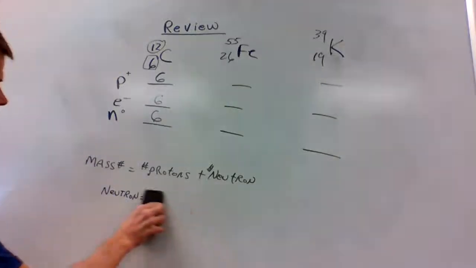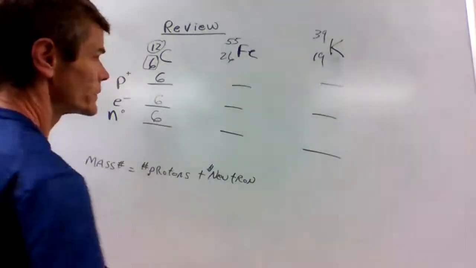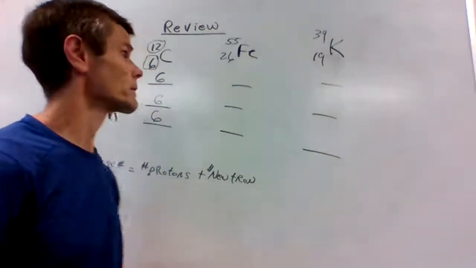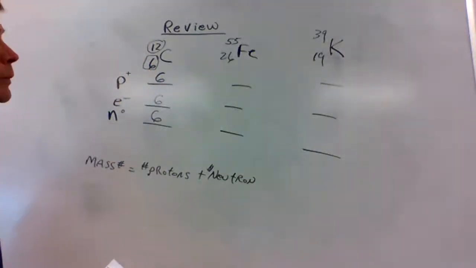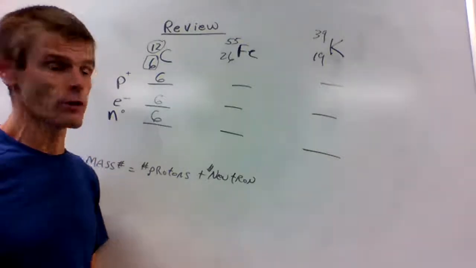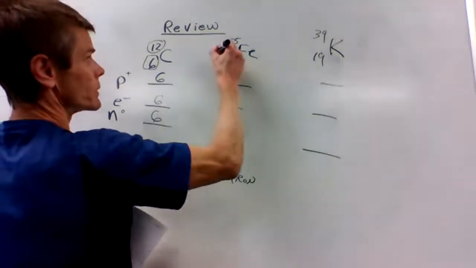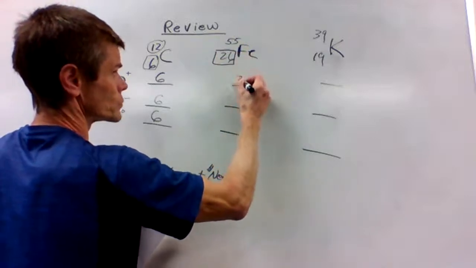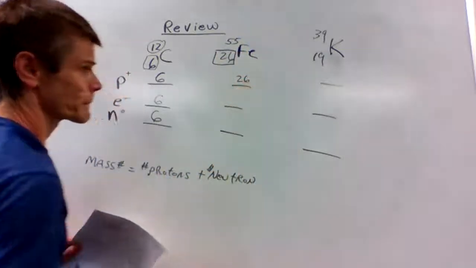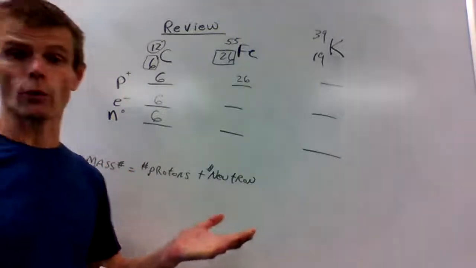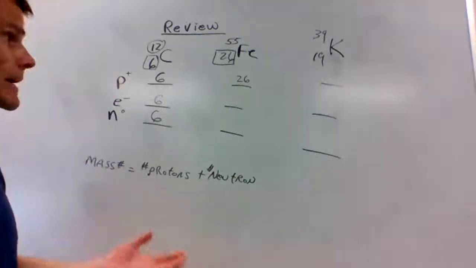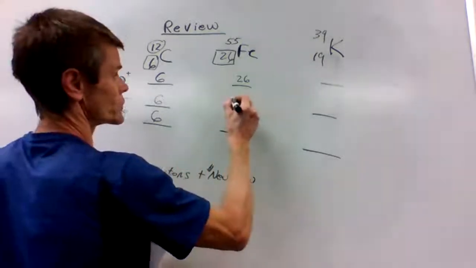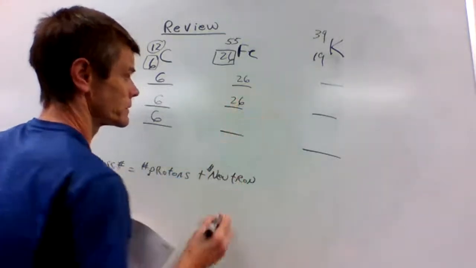Let's move to our next isotope. This is an isotope of Fe. Fe is iron. Now, remember, when we want to determine the number of protons, they are equal to the atomic number, 26. It's a neutral atom. There has to be the same number of electrons as protons, and that is also 26.